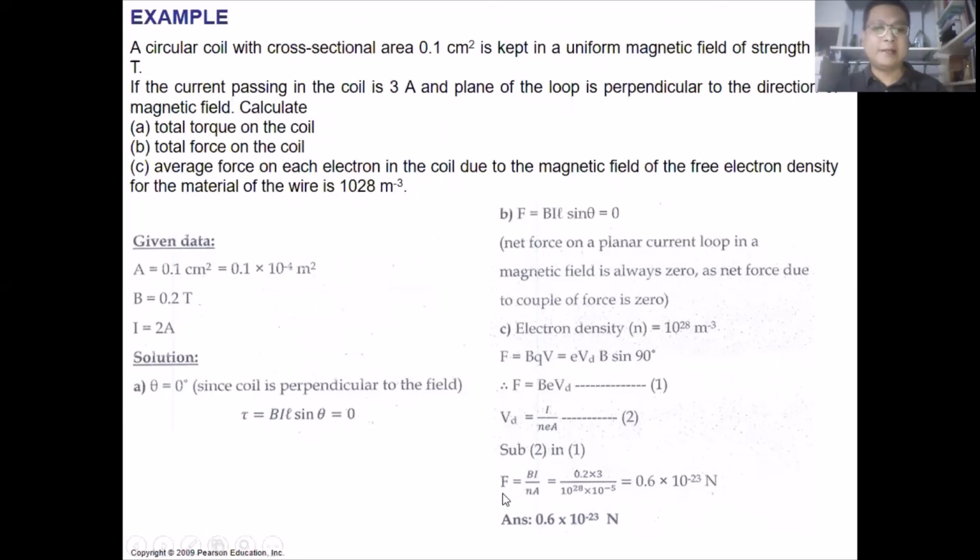And then F equals B I N A, where N is the number of electrons, times area. So we can answer that the force is 0.6 times 10 to the power negative 23 Newton.